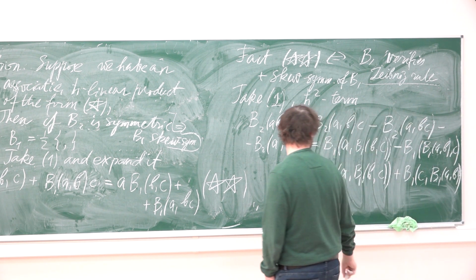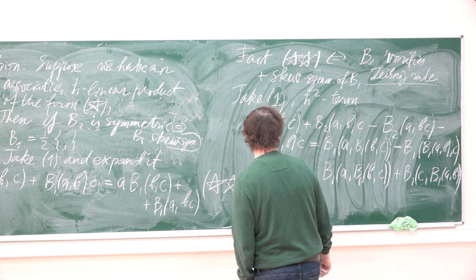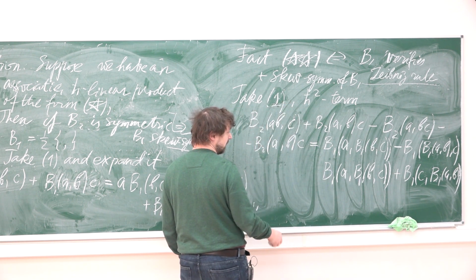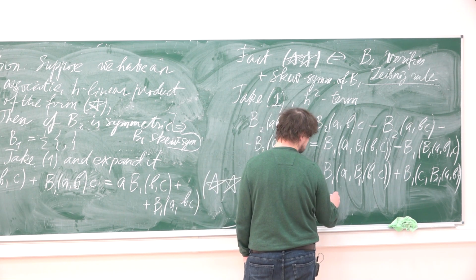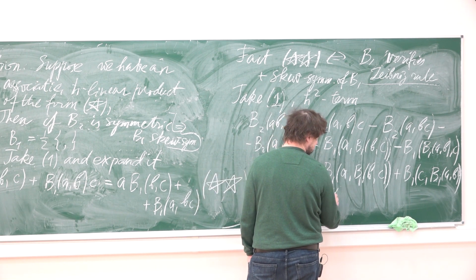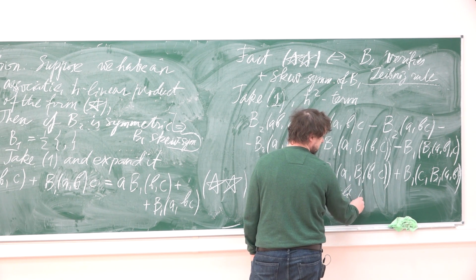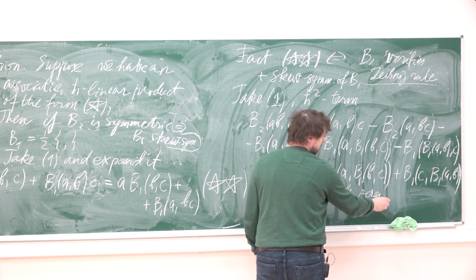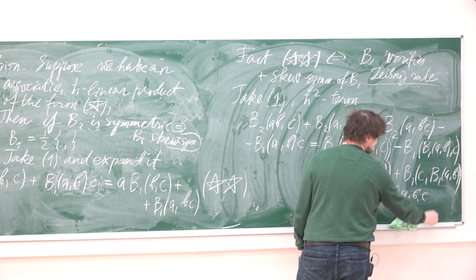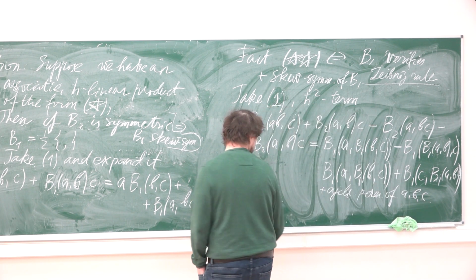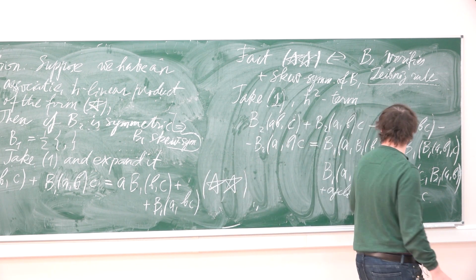Right, and then I'll just take the sum of all cyclical permutations of A, B, and C. So what do we get in the end?